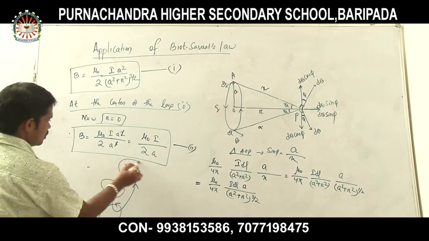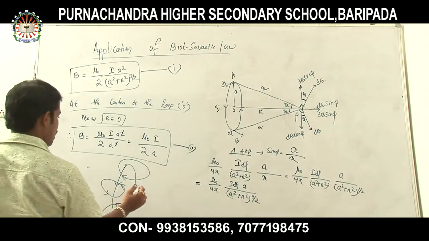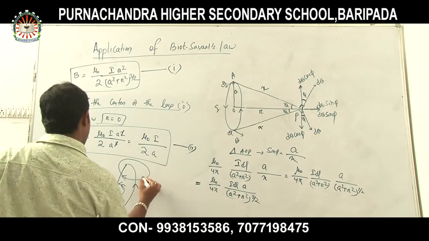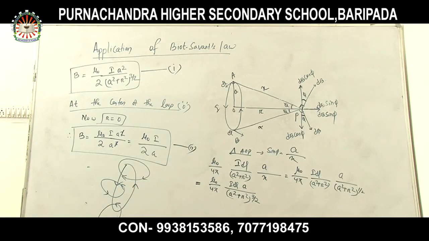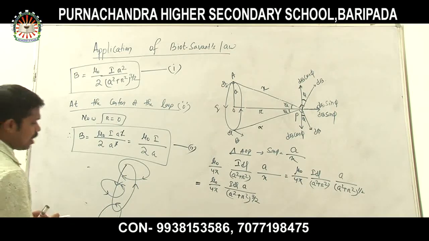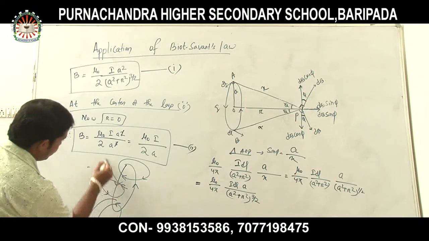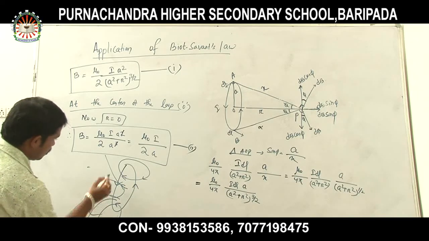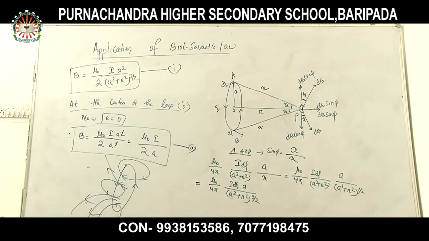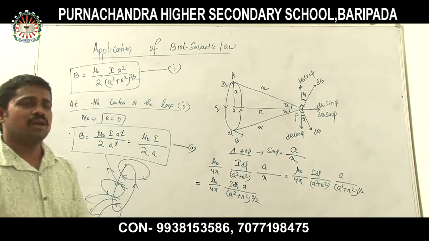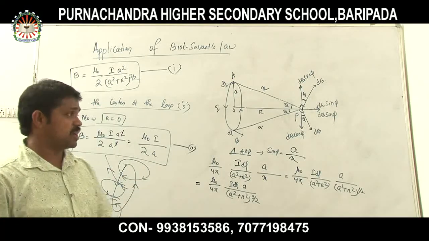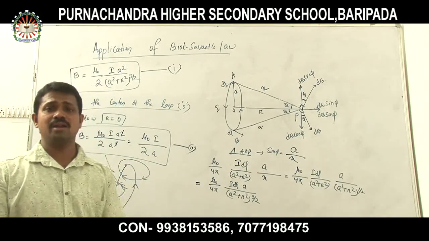So this type of magnetic field pattern I get. Understood all of you? The magnetic field is always outward inside the loop. Clear all of you? So the direction of the magnetic field can be found using the right hand thumb rule.